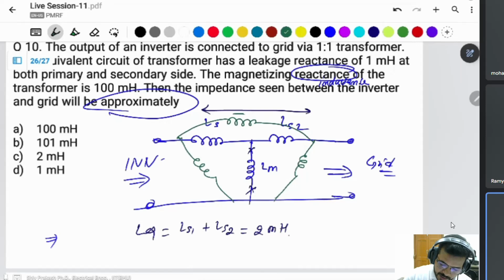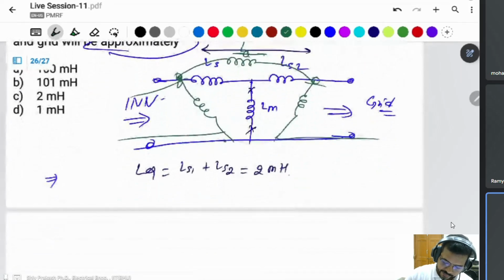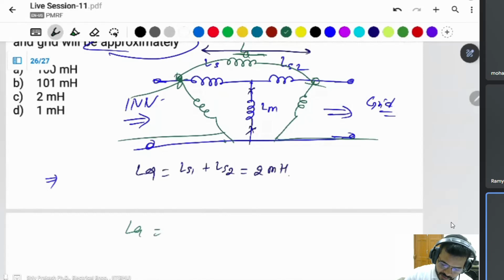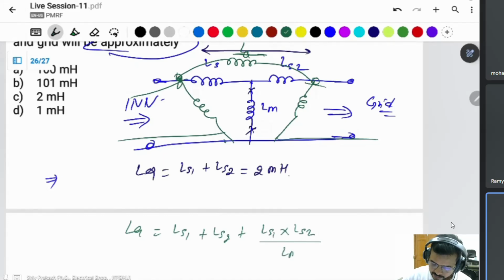Only this one is present in the picture. This will be parallel to the inverter side, this will be the grid side, and between them only this inductance, say LA. You can calculate LA as the sum LS1 plus LS2, multiplied by LS1 plus LS2, divided by the remaining one, LM.